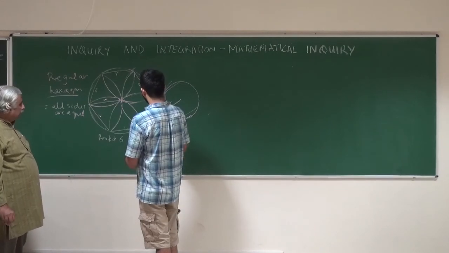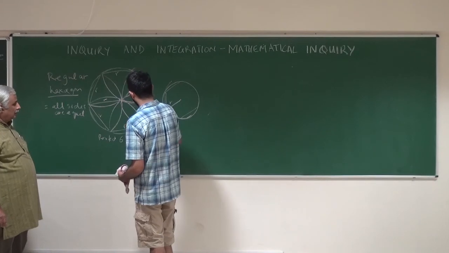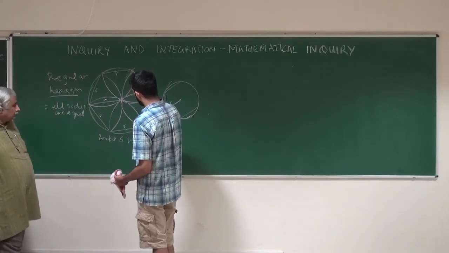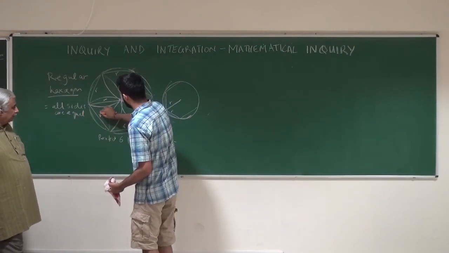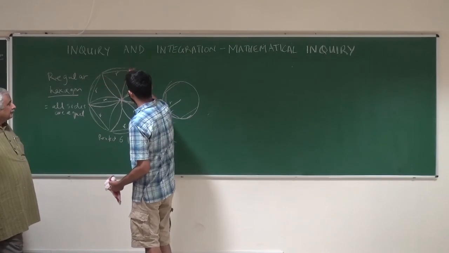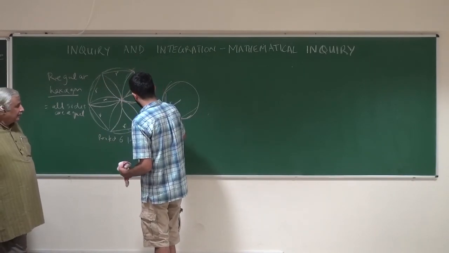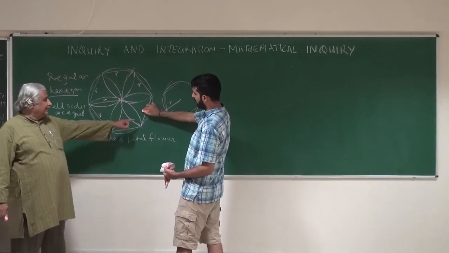It's not surprising that these 5 are equal, because this is how we started: this is the radius, then we did this, then this. The question is, why is it that even the last one here is the radius?